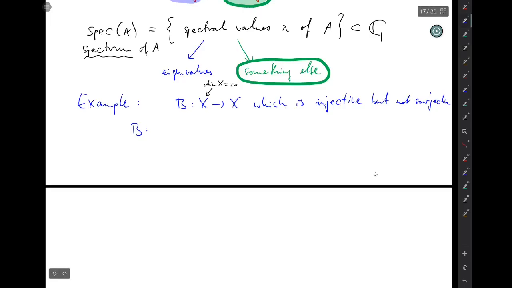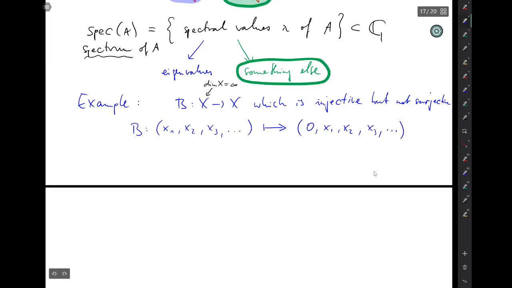So let's take an infinite vector, so it just looks like a finite vector, but it never ends. Like this. And the operator maps this vector into a new vector that looks like this. It starts with 0 and then x1, x2, x3, and so on.